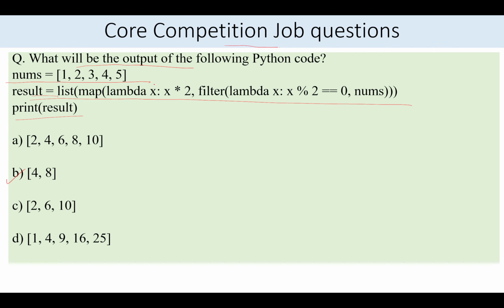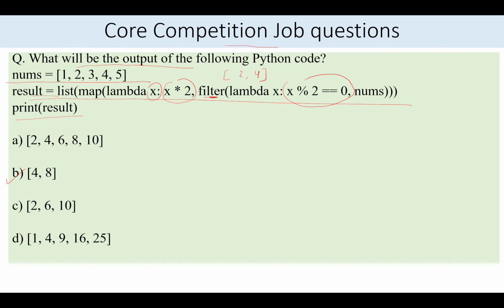In the lambda function, I am using a single variable and I want to multiply it by 2. But my filtering function is actually checking for even numbers only. So in this list, we got only two even numbers, 2 and 4.